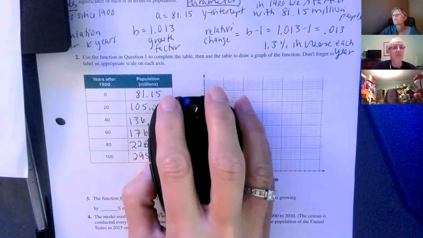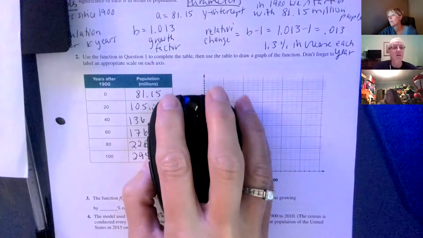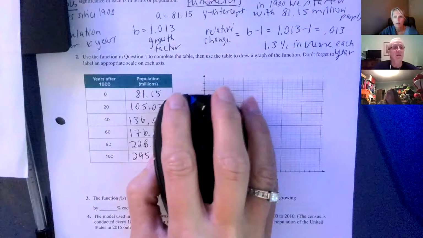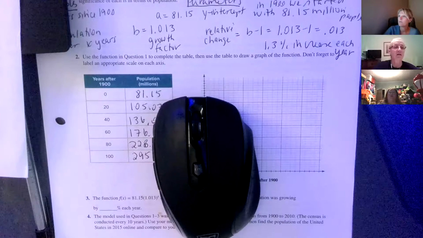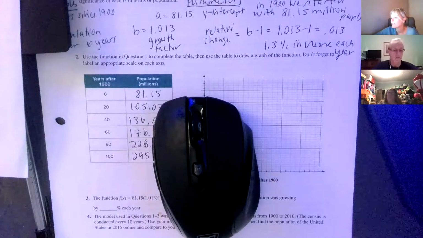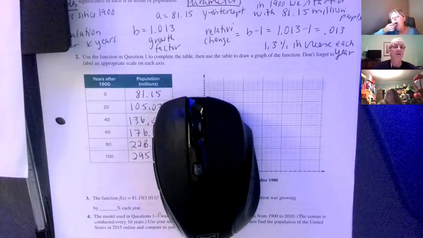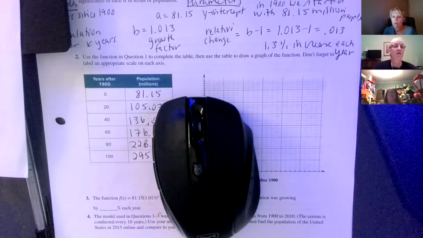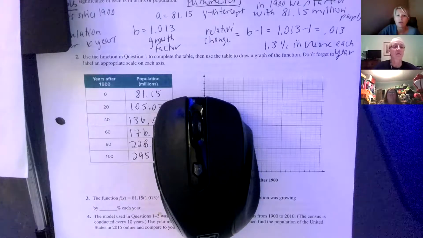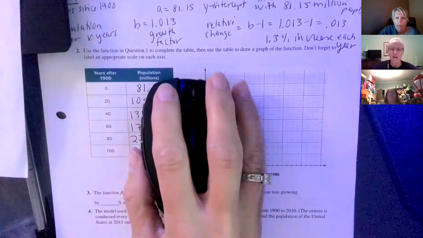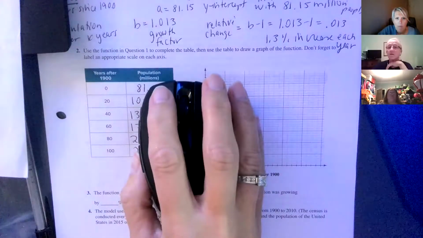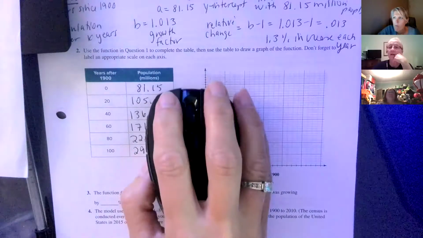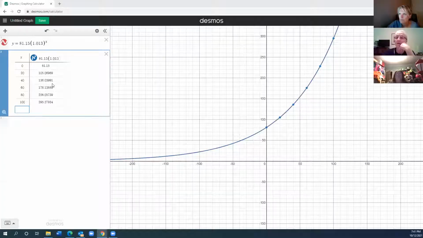Mine didn't fill out right. Did you do it to the exponent of X or times X? What did yours look like? My X is up, not down.